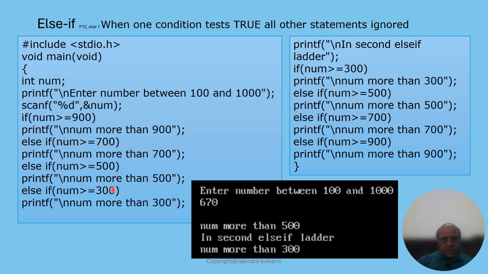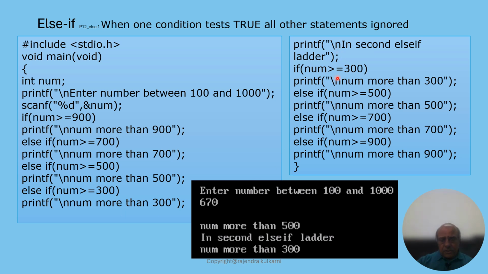But 670 is more than 300 also. But once the statement at one place, the else if, becomes true, all other statements in the program or in the ladder will be ignored.